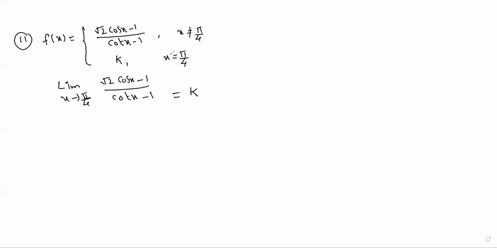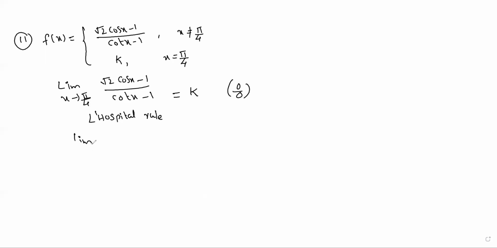F of pi by 4 is nothing but the function value at x equal to pi by 4. If you directly substitute pi by 4, root 2 into cos 45 is 1 by root 2, root 2 cancels, you get 1 minus 1, 0. Cot 45 is 1. That's why clearly it is 0 by 0 form. So we'll apply L'Hospital rule.